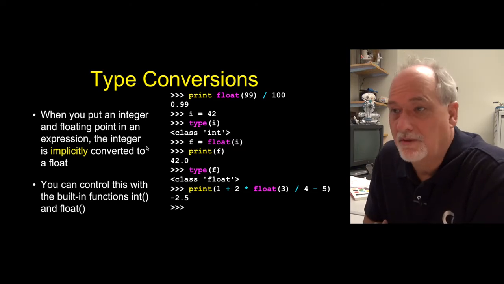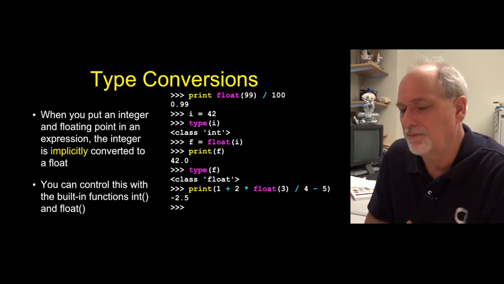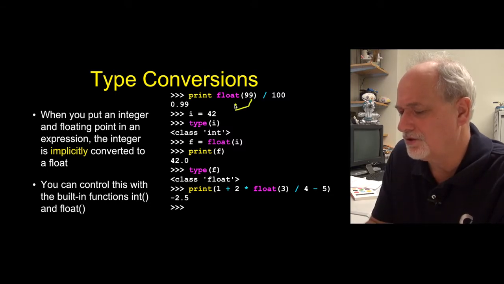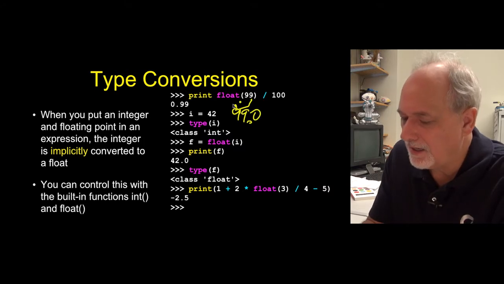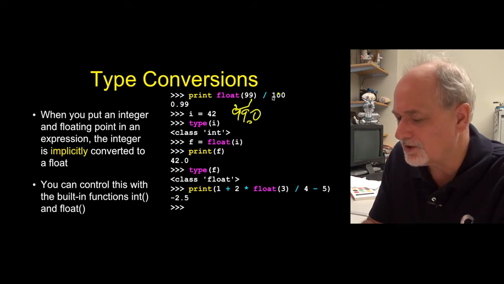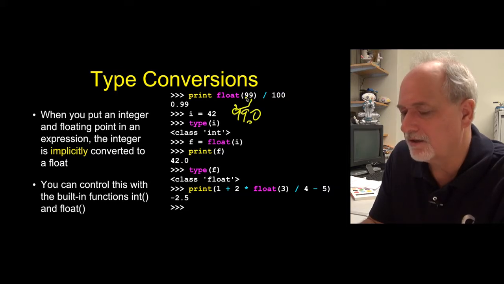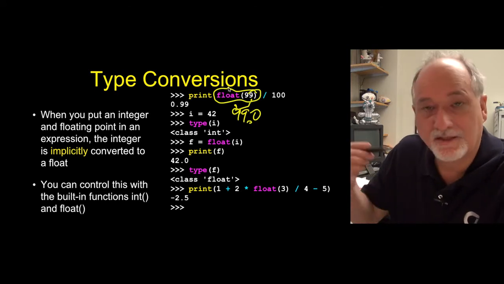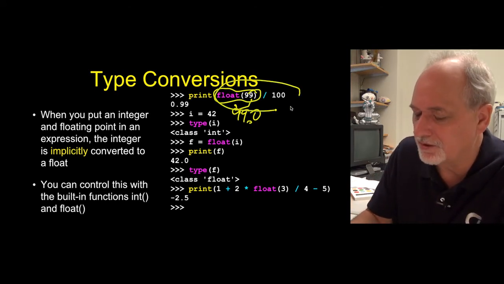Now we've been using this already, built-in functions, we've got type conversions, we've got like the float that takes an integer and returns a floating point version of that. And again, this is kind of like an expression. So it's like I want to divide this by 100, but before I do that, I've got to convert it to a float. So it has to sort of do these function calls as it's evaluating the expression.